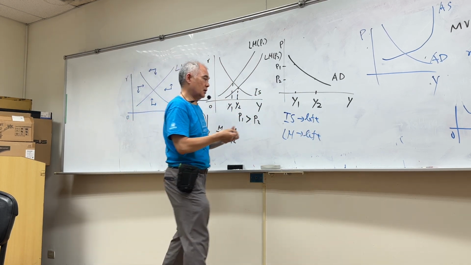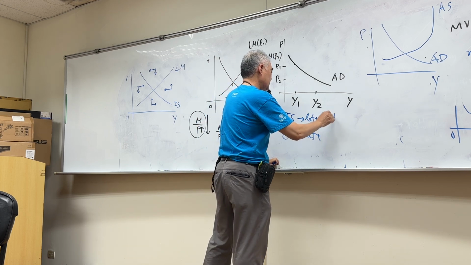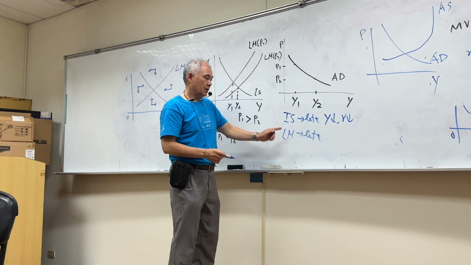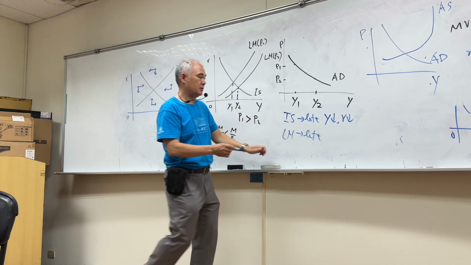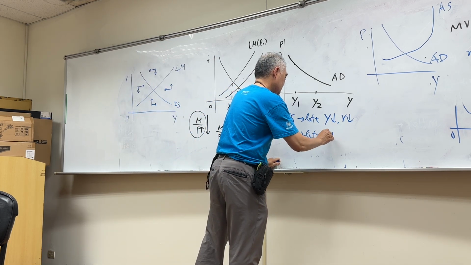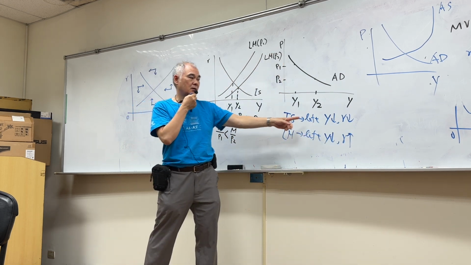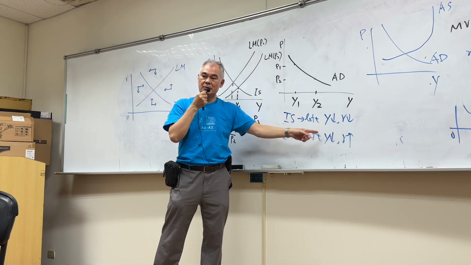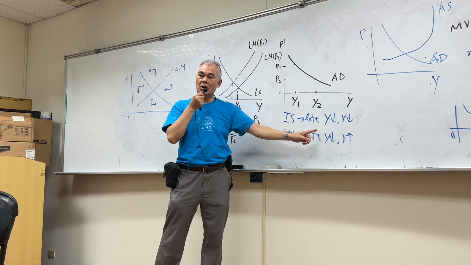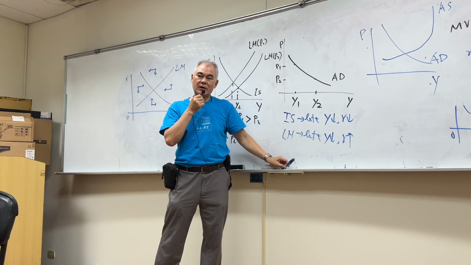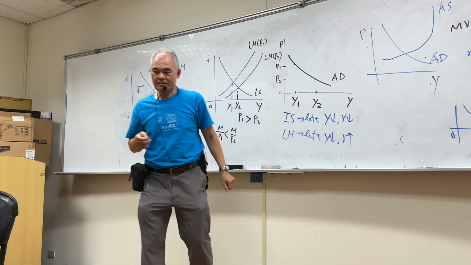IS curve shifts to the left, Y goes down, R goes down. And the LM curve shifts to the left, Y goes down, R goes up. So what happened? You definitely will have a decrease in output, a decrease in income. So that's what happened during 2008. Okay.